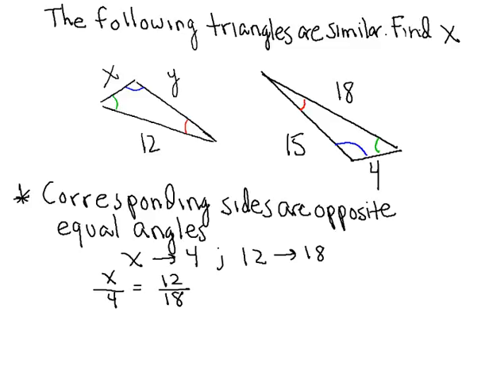And if we cross multiply, we will then get 18x is equal to 48. And then dividing each side by 18, we get x is equal to 48 over 18. And if we reduce that, we'll see that x is equal to then 8 over 3.